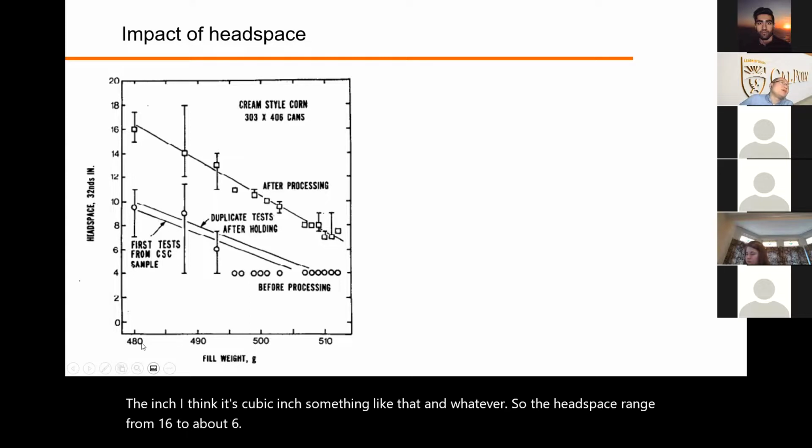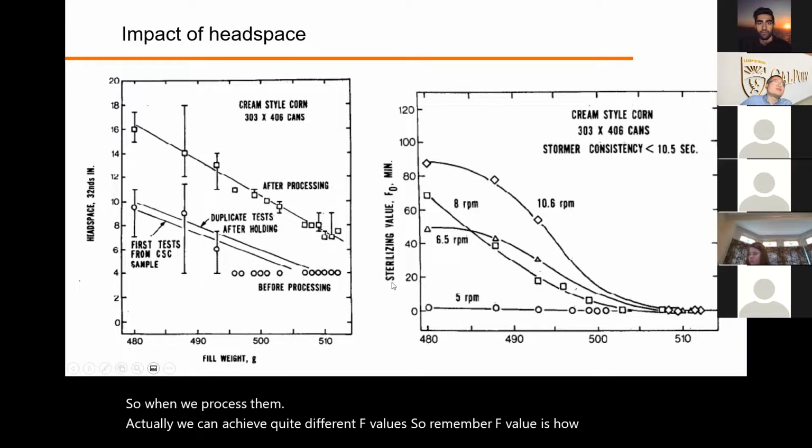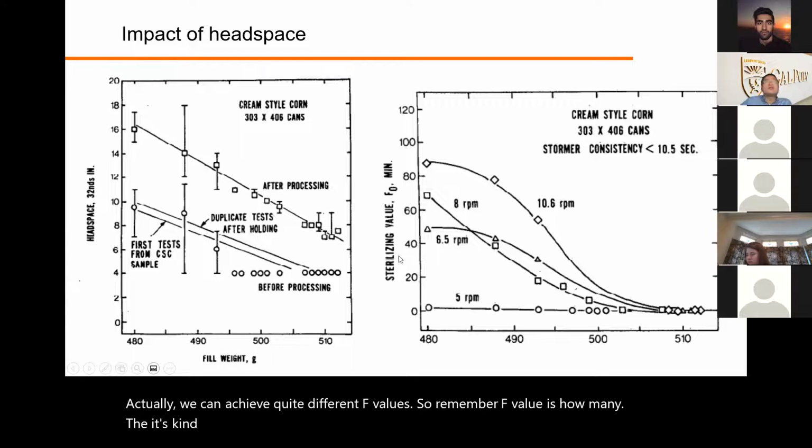So when we process them, actually we can achieve quite different F values. So remember, F value, for example, if we talk about 3 minutes for the Clostridium botulinum, that's like 12 D reduction, right?